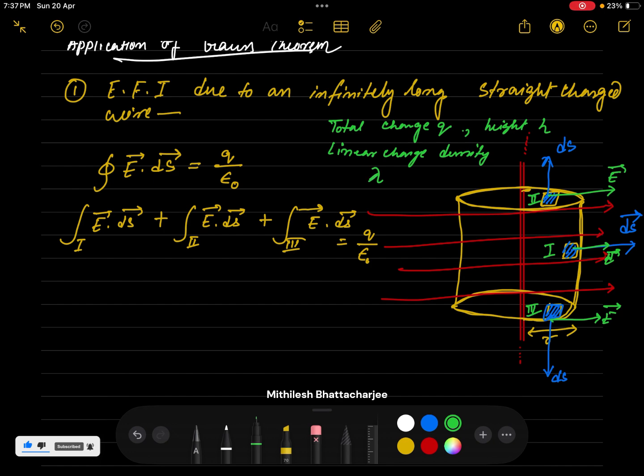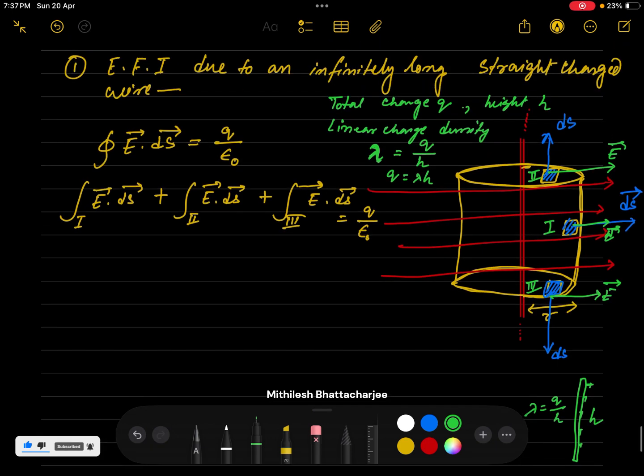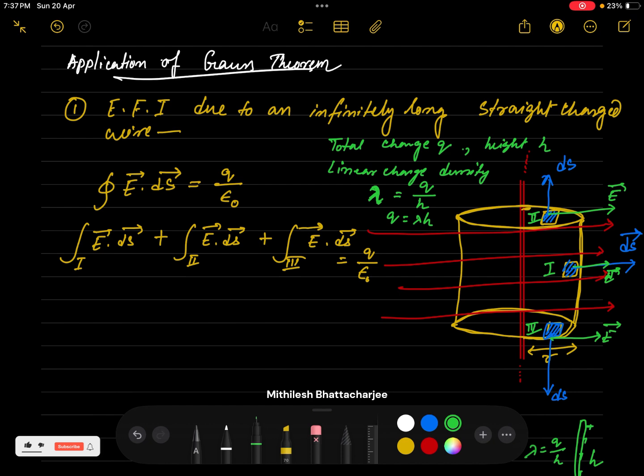Linear charge density means charge per unit length. Lambda is q by h. So q is lambda into h. This is h height, and the total charge is q, so linear charge density is charge per unit height, q by height.